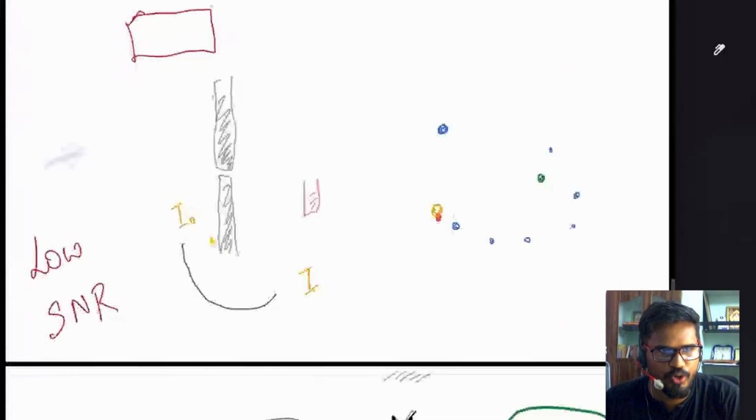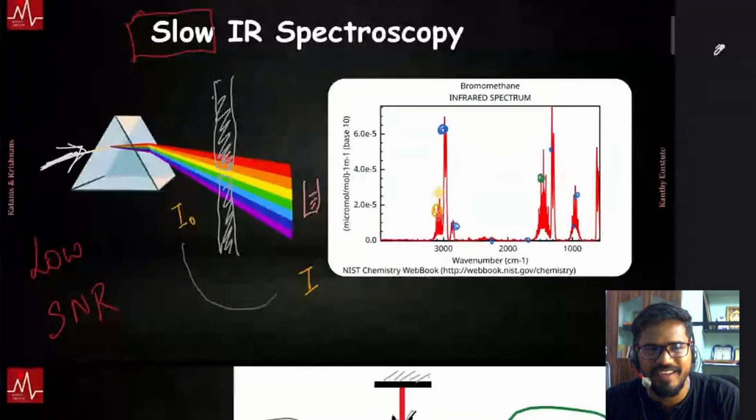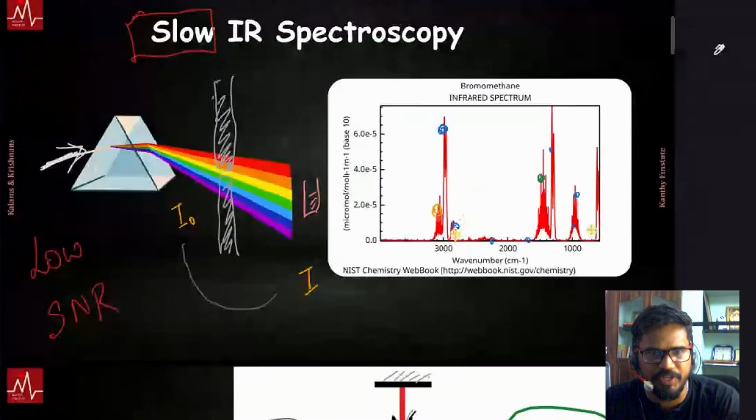All of that is obtained in one go. Compare that with doing one wavelength at a time, looking at its attenuation, getting one point at a time, sampling the spectrum painstakingly, a very slow process, where you are letting in a very small fraction of the signal.